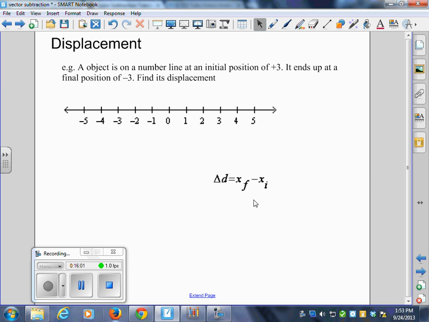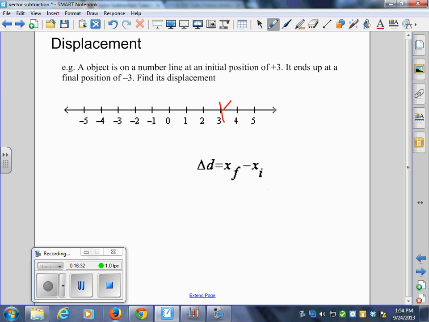So now, what does this mean right here? Delta D is crazy physics code for displacement. XF is crazy physics code for final position, very good. And XI is crazy physics code for initial position, very good. So an object is on a number line at an initial position of plus 3.